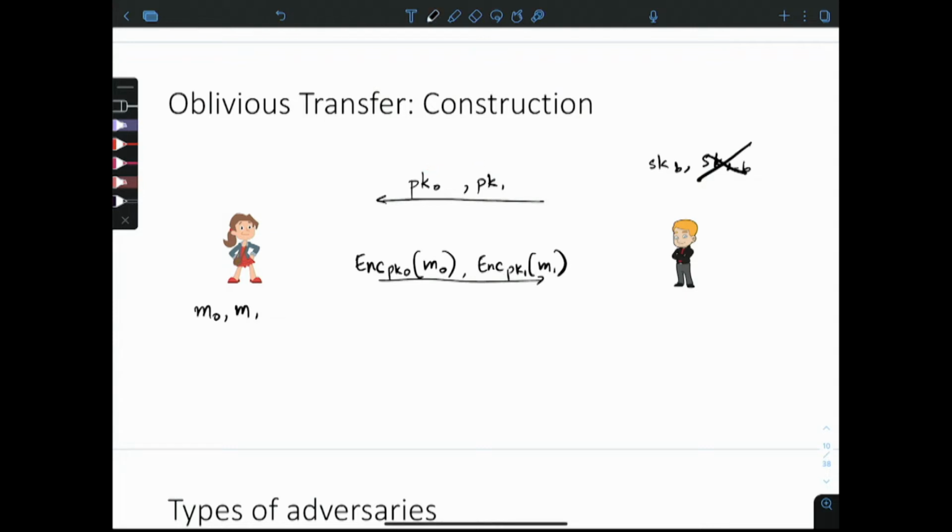At the same time, Bob would be able to recover M_b as a decryption of the bth ciphertext under the secret key that he knows.